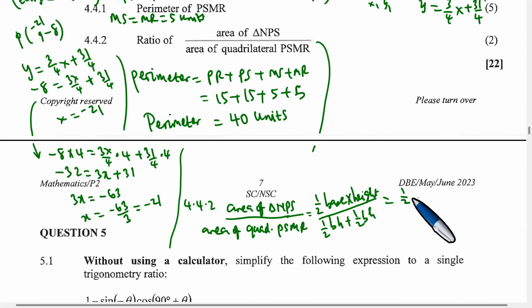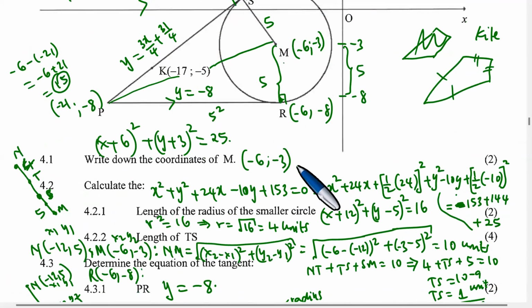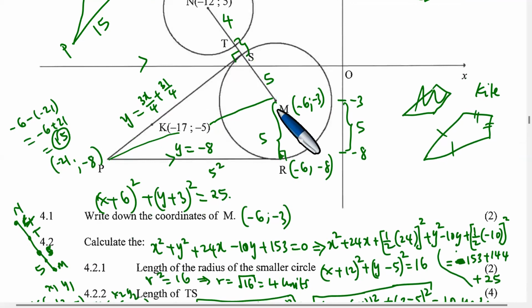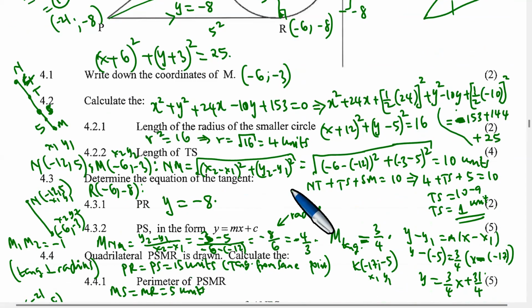The area of the top is half the base, where the base is the tangent and the height is 5, plus half the base, where the base is the tangent and the height is 5. The base is 15 and the height is 5.